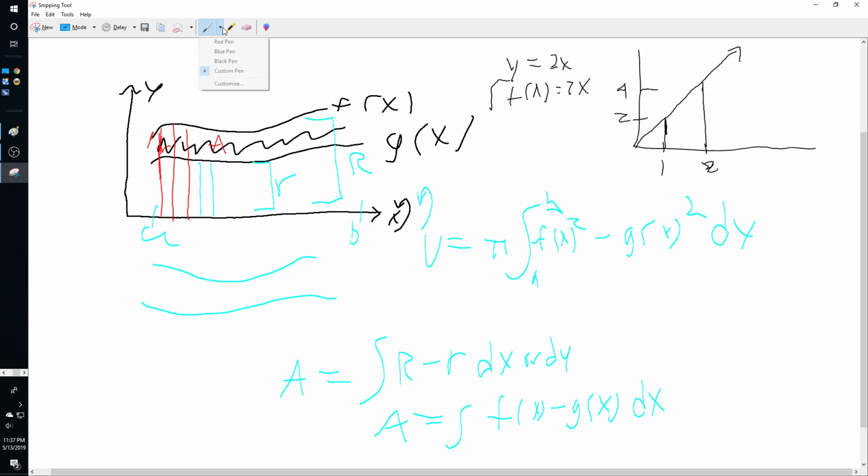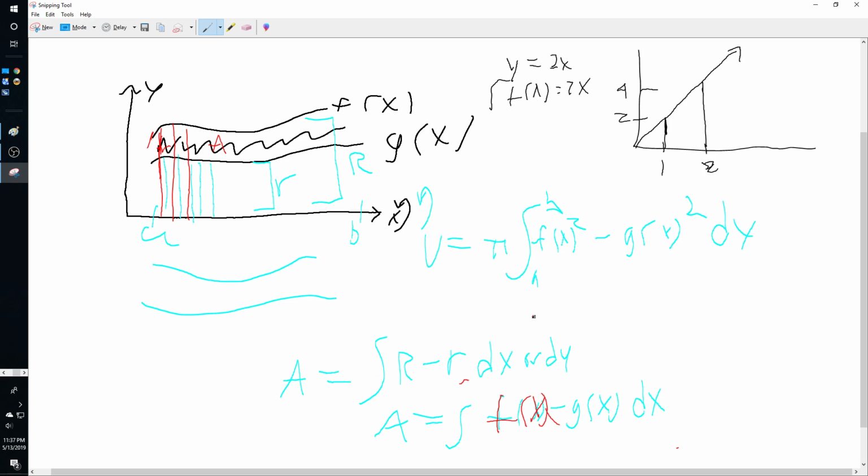I want this area in between, so it's going to be the difference between these, the red one minus the blue one. The red one is going to be f of x, minus g of x, and that's going to equal the area.